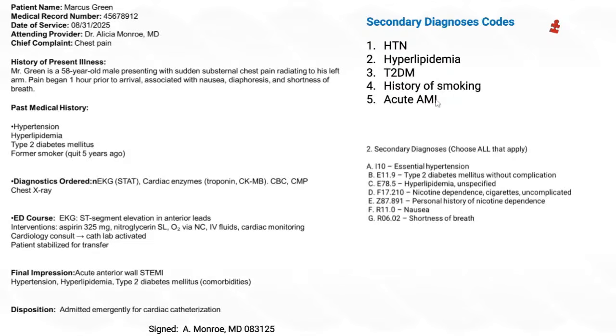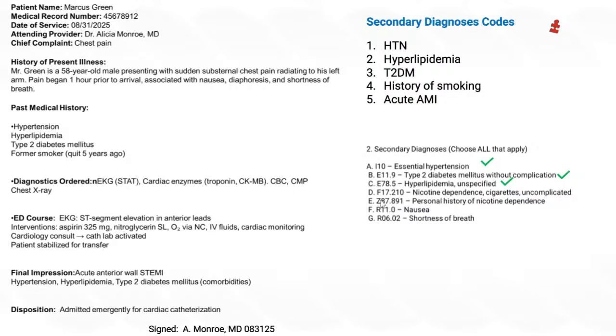Don't consider the acute myocardial. These four are my secondary diagnoses, and I'm going to go ahead and select them in my list because these are my multiple choices. So the multiple choices that we have are essential hypertension, checking it off, diabetes type 2, checking it off, hyperlipidemia, checking it off.